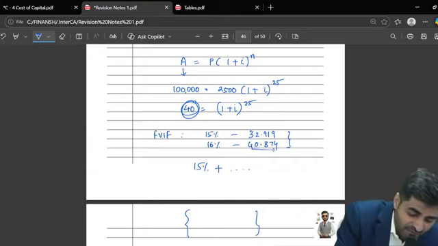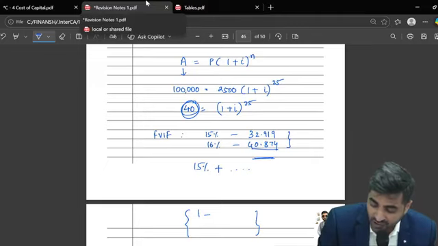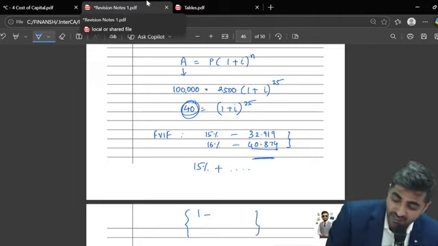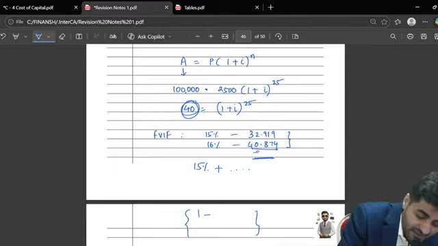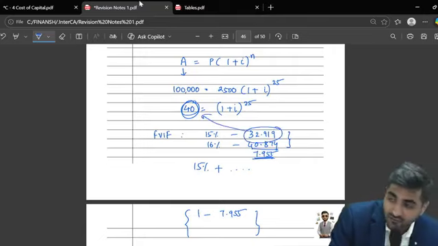In 1%, the gap is 40.874 minus 32.919, which is 7.955. But from 32.919, I just want to go to 40.